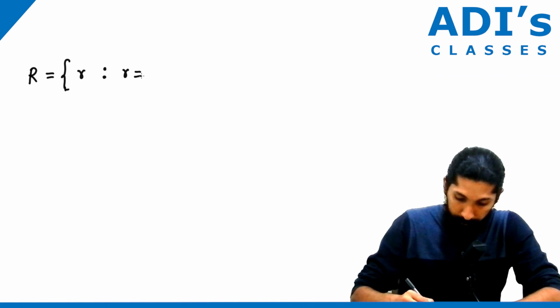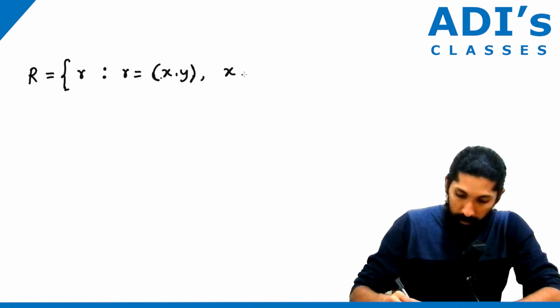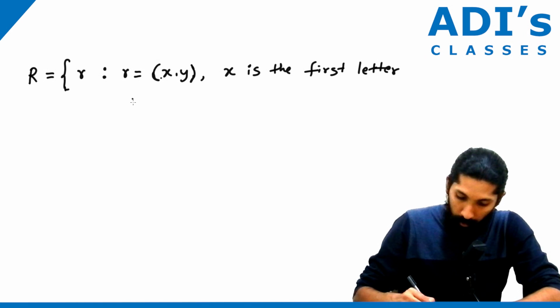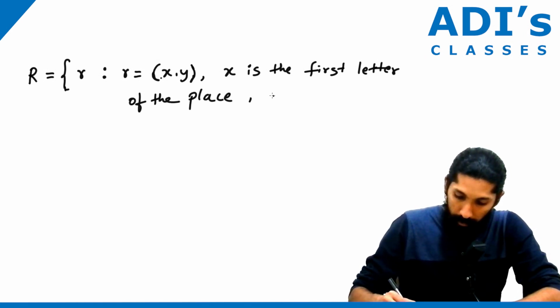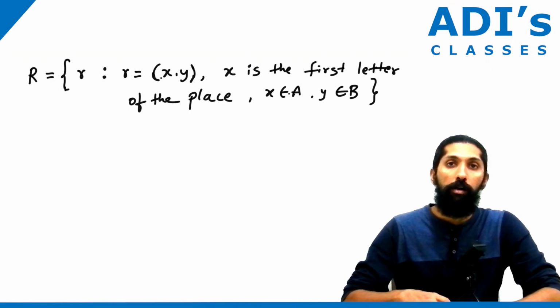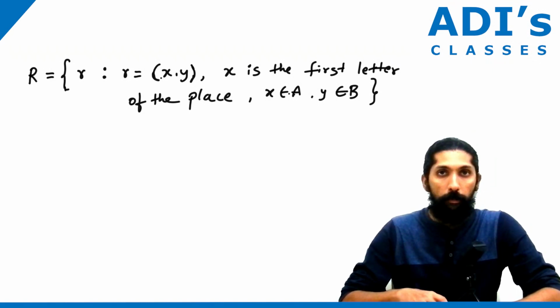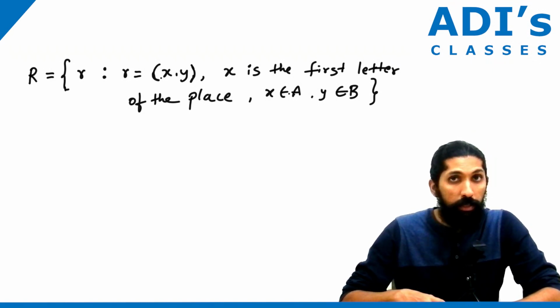R is equal to the set of (x, y), where x is the first letter of the place, and x belongs to A and y belongs to B. This becomes a relation. Fair enough? So this is the set builder method.